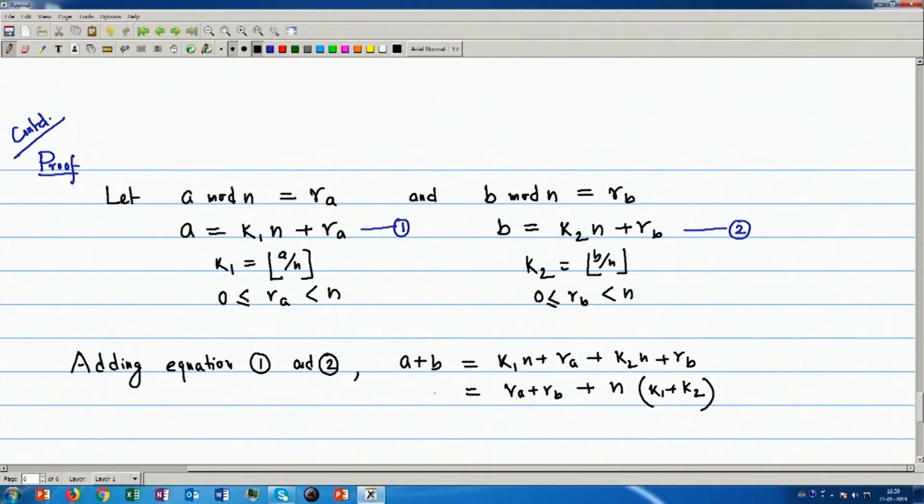Now, I can write a plus b. Say this equation I give the name equation 3.